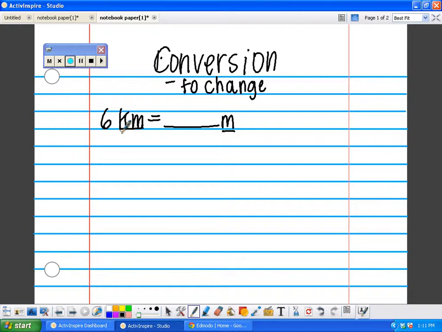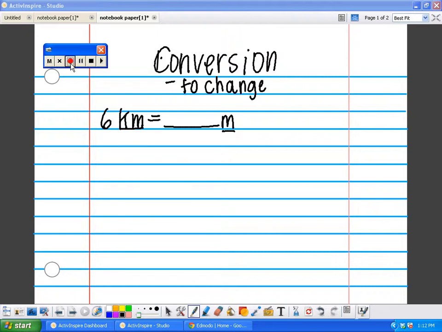Go to your mathematics chart and find a line under length that talks about kilometers and meters, and point to that line. Don't mark on it. Tell me what that one line says, Keegan. 1 kilometer equals 1,000 meters.